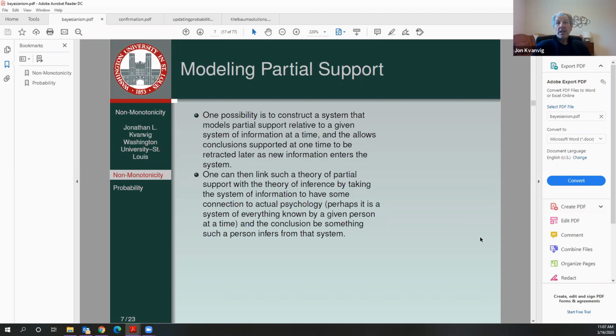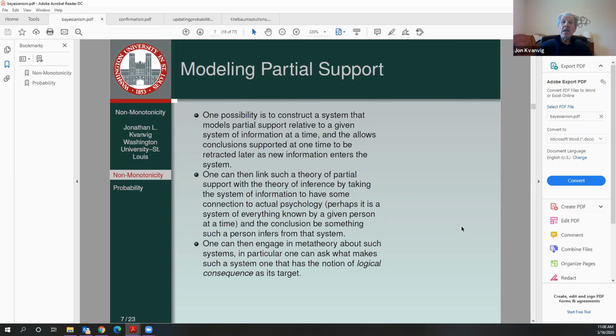It doesn't matter. And then you can define what it is for the conclusion to be something that a person can legitimately infer from a relevant system of this sort, one that has the kind of psychological reality that you think would be crucial for defining these norms, linking the theory of implication with the theory of inference. We can then engage in a bit of meta theory about such systems.